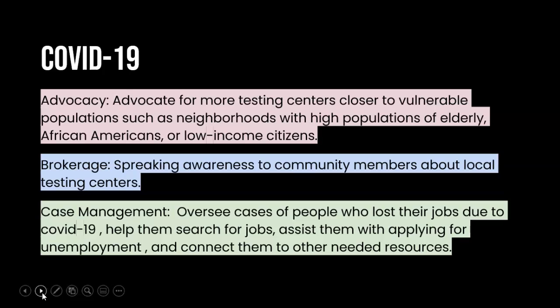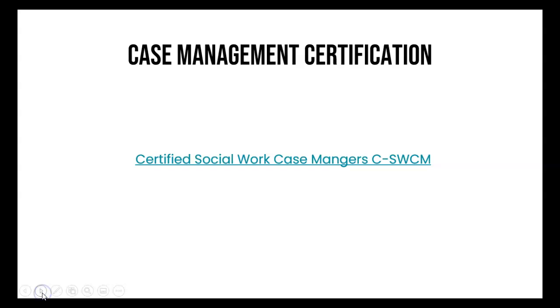Brokerage services: helping with awareness among community members about local testing centers. So think about venues that help improve awareness to community members. Case management: overseeing cases of people who lost their jobs due to COVID-19, helping them search for jobs, assisting them with applying for unemployment, and connecting them to other needed resources.